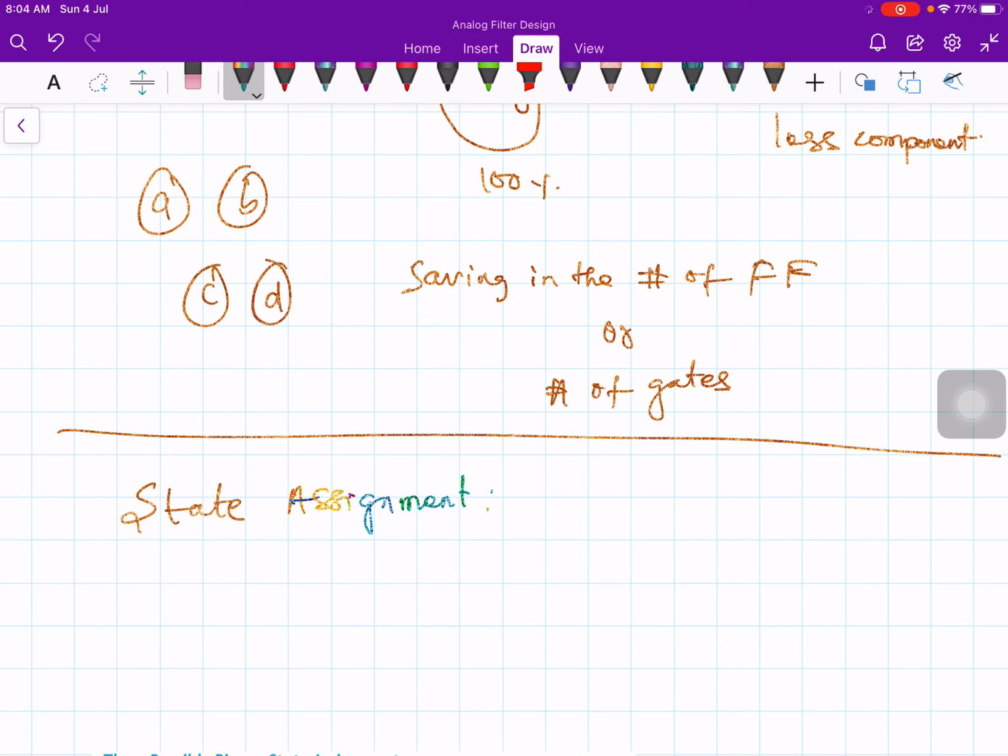Okay, so at the end of the day we need to design a sequential circuit with physical components like gates, flip-flops, transistors, diodes, resistors, and so on. In order to design a sequential circuit with the physical components, it is necessary to assign a unique code to each state, unique coded binary values.